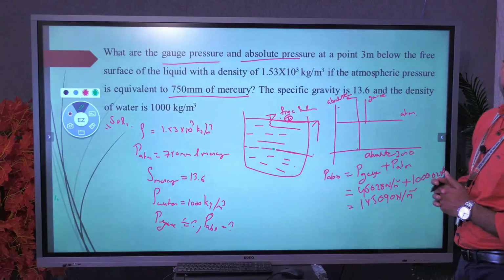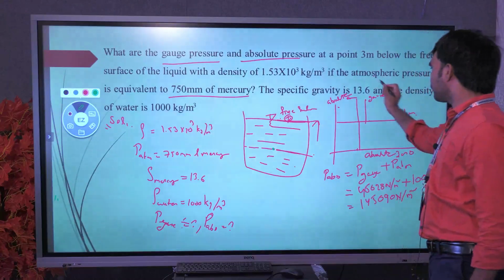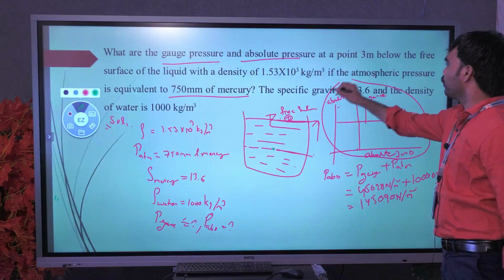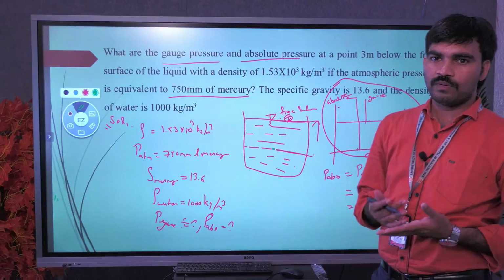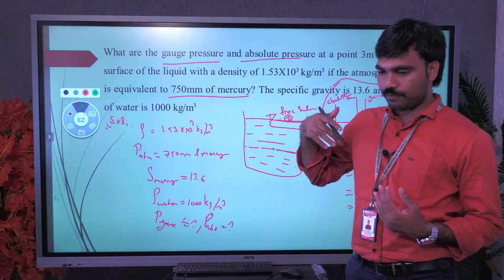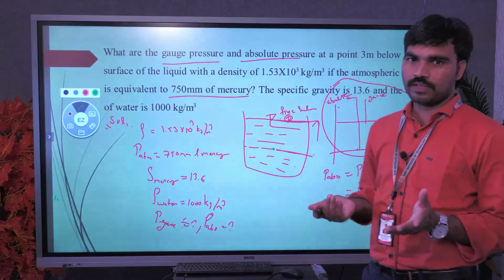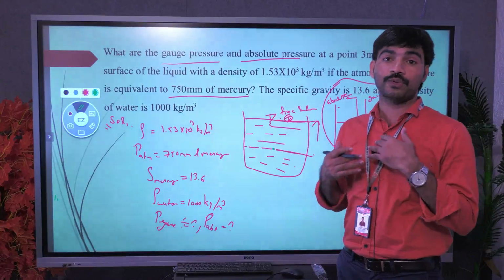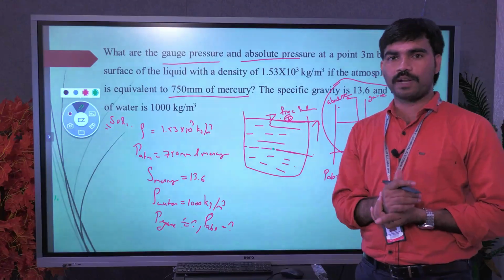I hope you understand this concept. You have to remember this relationship. This is very crucial for this problem. To solve any fluid mechanics problem, first you try to understand what data is given and what variables you need to find out. You have to identify known and unknown variables, and also you need to know the relationship between them. Then only can you solve any fluid mechanics problem.